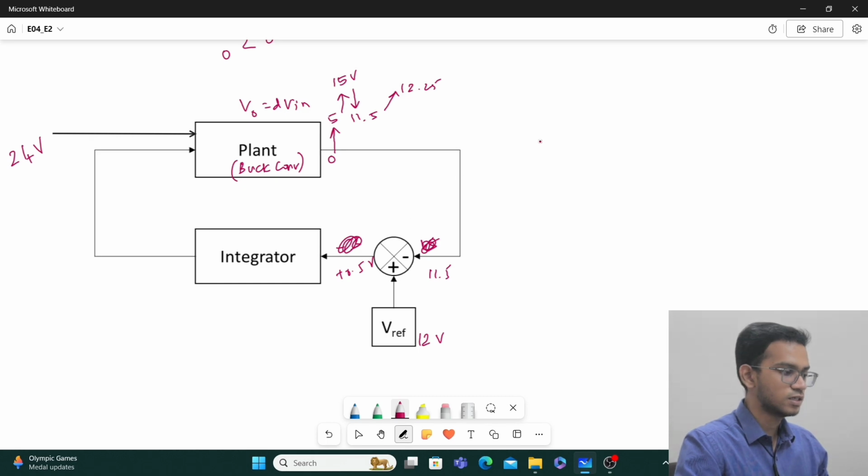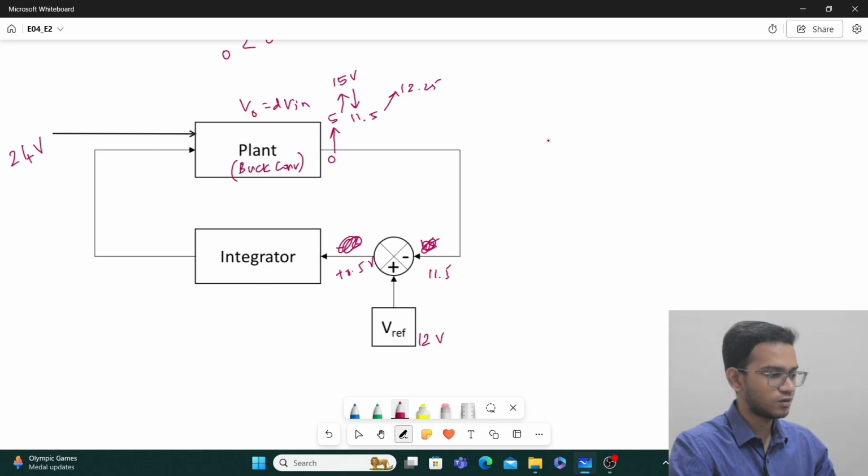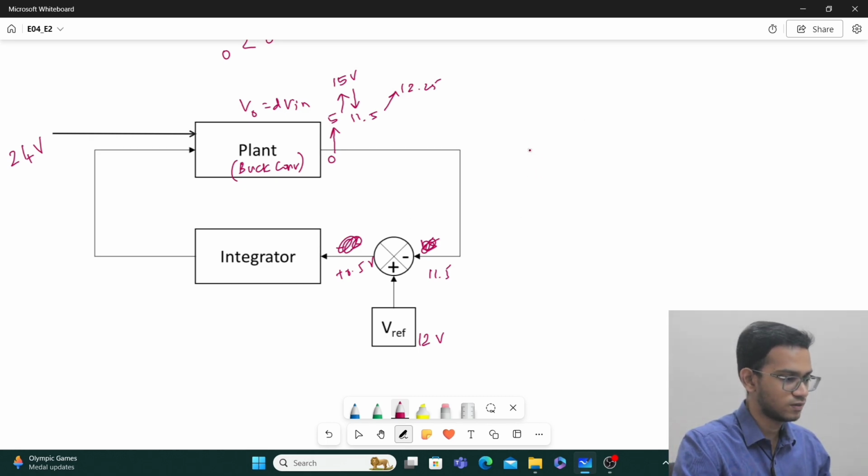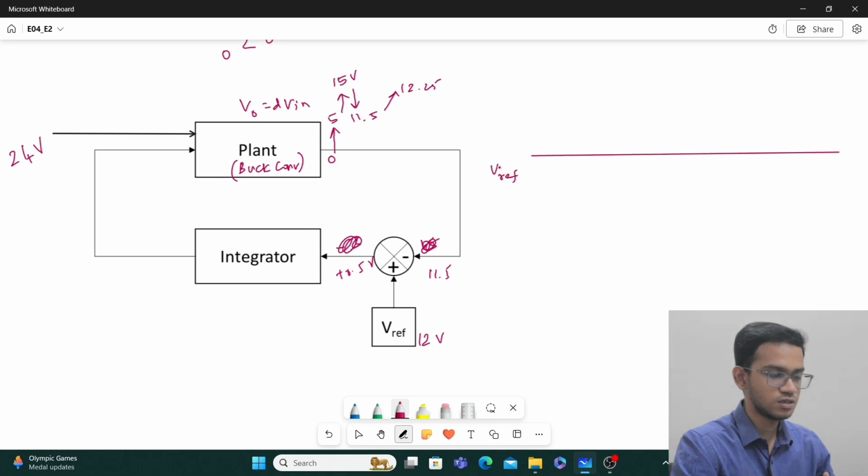You have to understand here what my integral controller or integrator is actually doing. If I am having a reference voltage, initially it was 0, it shot up, then it came down, again it shot up, then it came down, and it will try to maintain the output of the plant around this value.